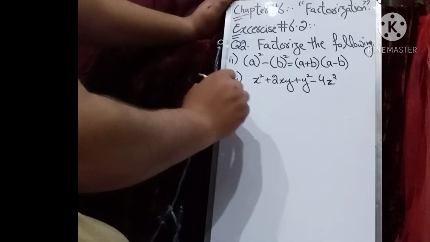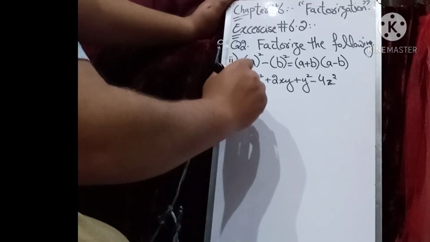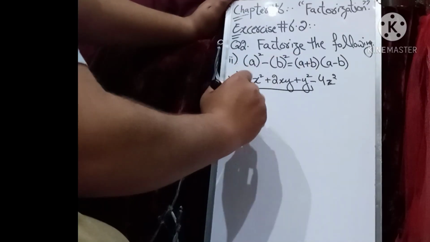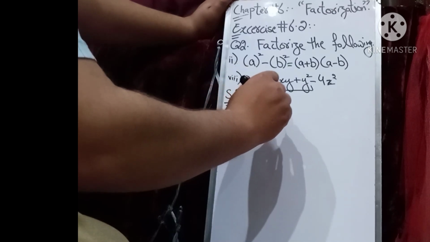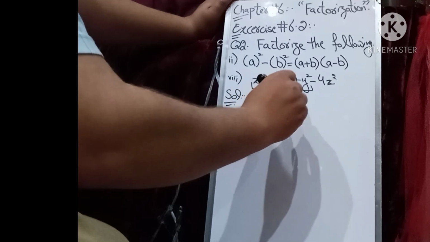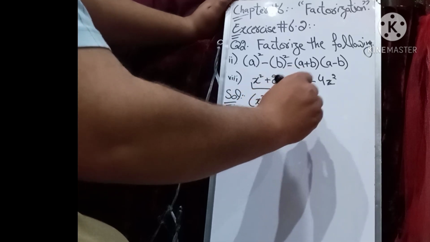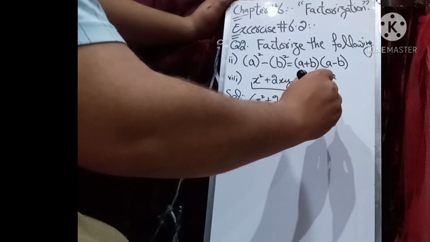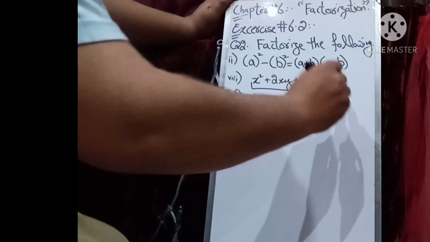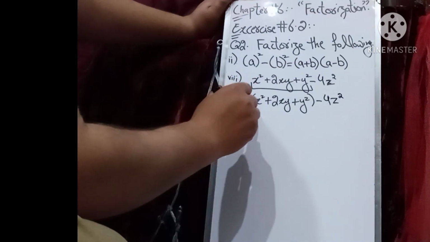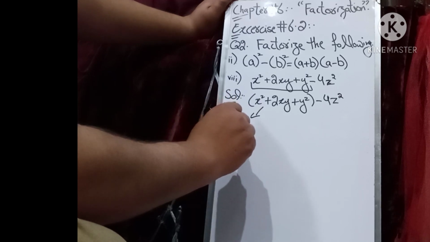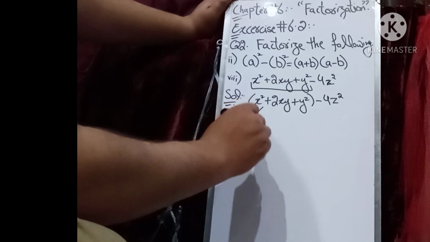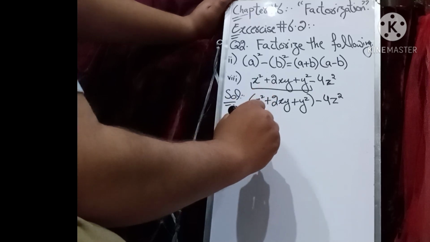In the next part we have x square plus 2xy plus y square minus 4z square. So first three terms make a perfect square, then use the a square minus b square formula. We know that x square plus 2xy plus y square is actually equal to x plus y whole square.